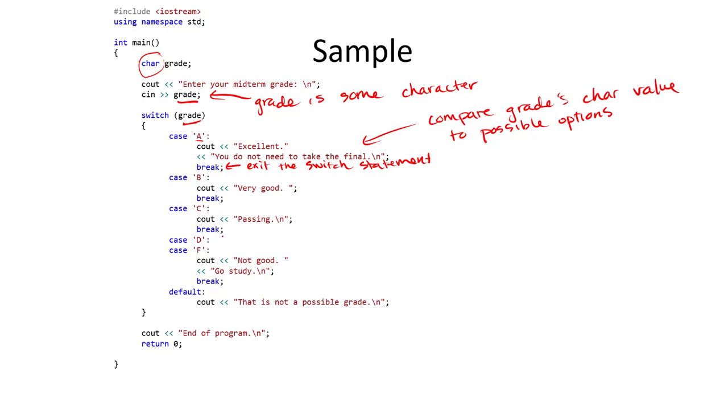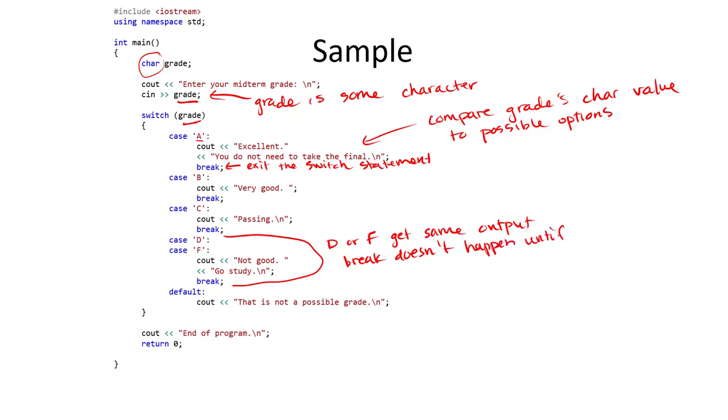Notice if we got a D or an F, we would get the same output, because the break doesn't happen until after the F case. And by default, if we give some other letter besides A, B, C, D, F, then we get that is not a possible grade.